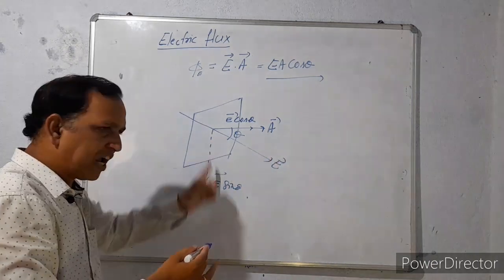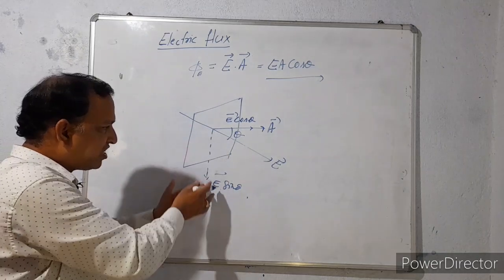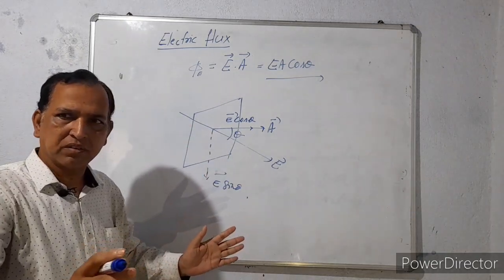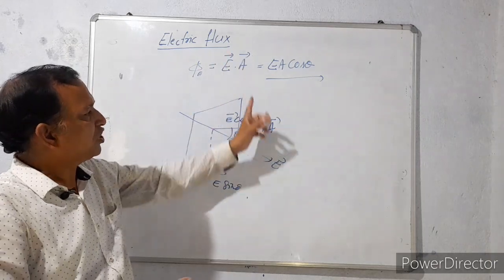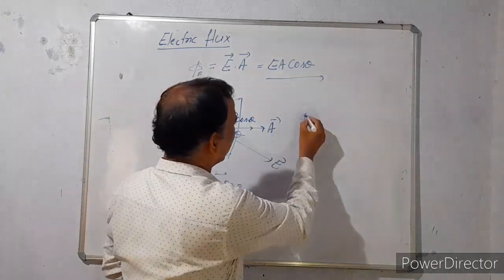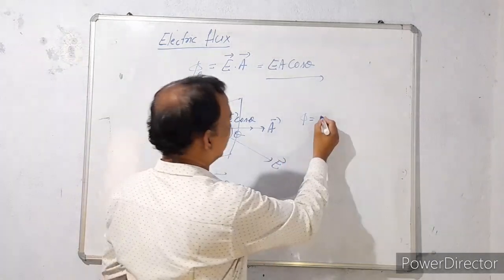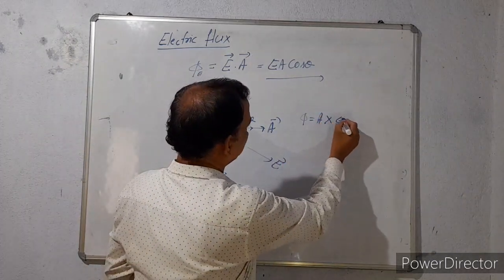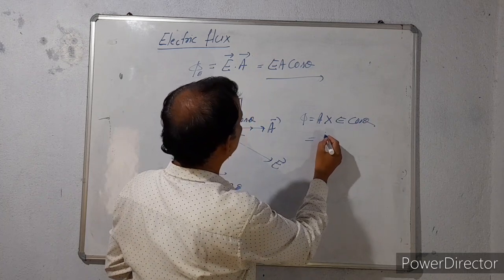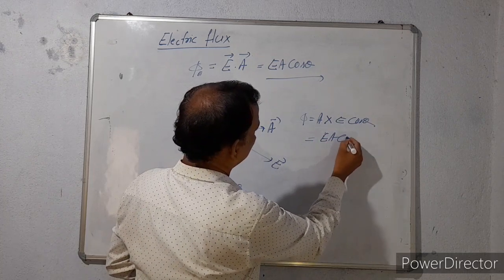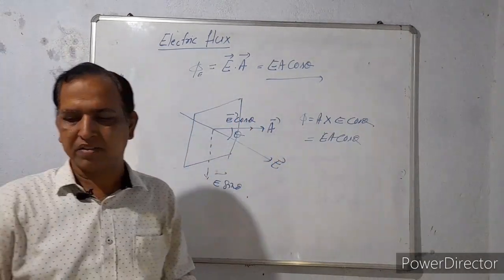But here E sin theta just touches the area. So through E sin theta there is no flux. So through this, that is your flux. So that means phi is equal to A into E cos theta. So that is equal to E A cos theta. That is the electric flux.